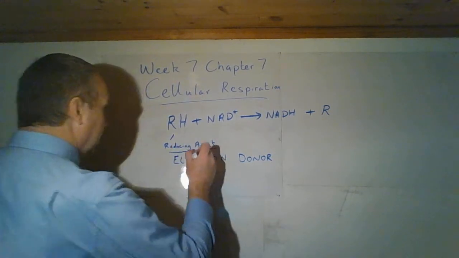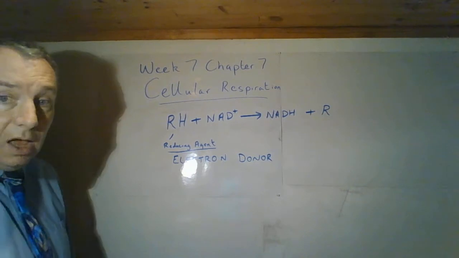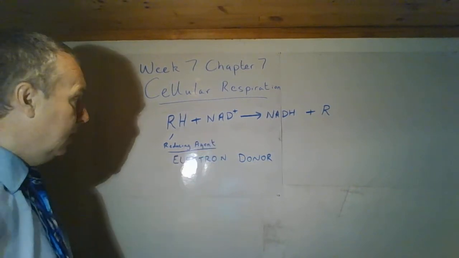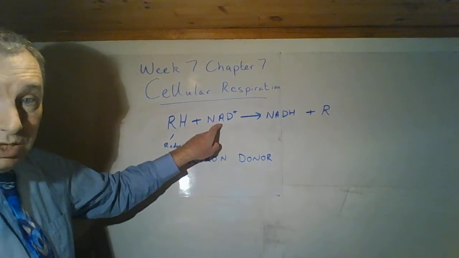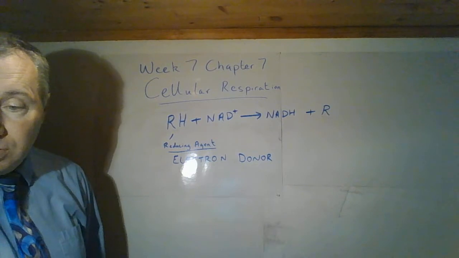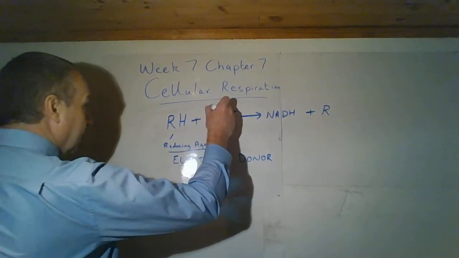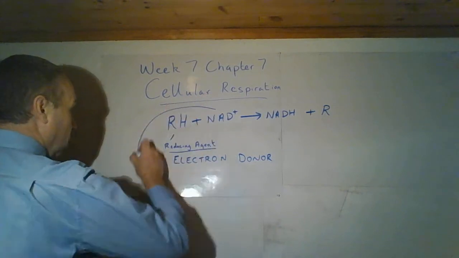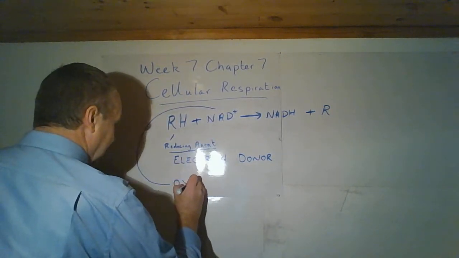So in this reaction, this is giving the electrons to this one, and therefore this one will be reduced by receiving the electrons. So the next part, the NAD+, we call that the oxidizing agent.